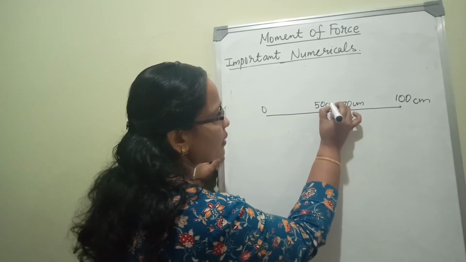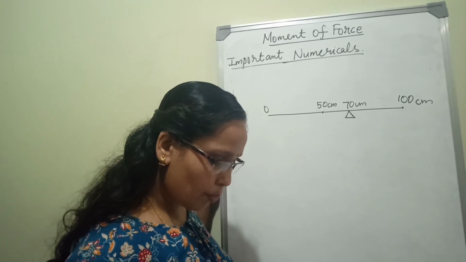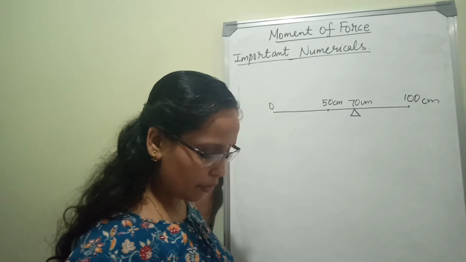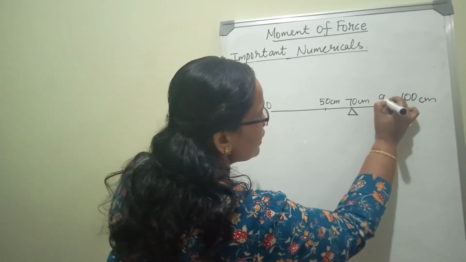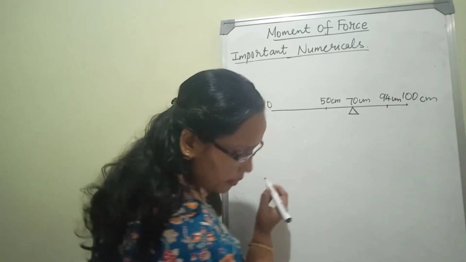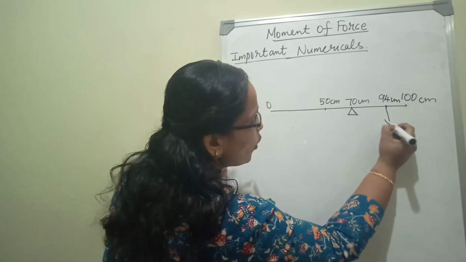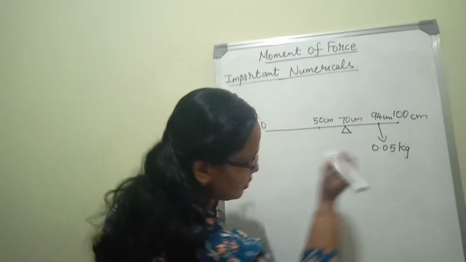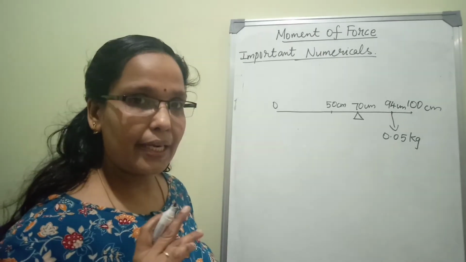When a mass of 0.05 kg is hung from the 94 centimeter mark, so at 94 centimeter we are supposed to have a 0.05 kg mass. Draw a diagram of the arrangement.